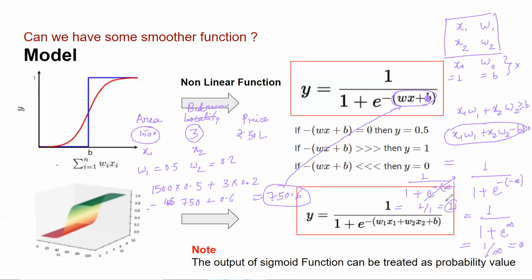If you put minus infinity, you get 0. If you put plus infinity, you get 1. Any number you can think of will always lie between minus infinity and plus infinity. That is why the value of y will always be between 0 and 1. Is it clear now?